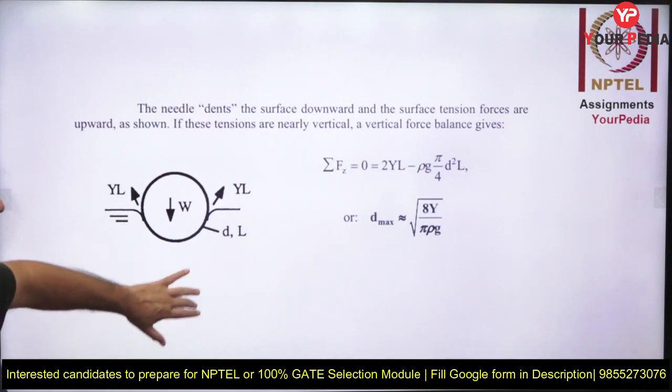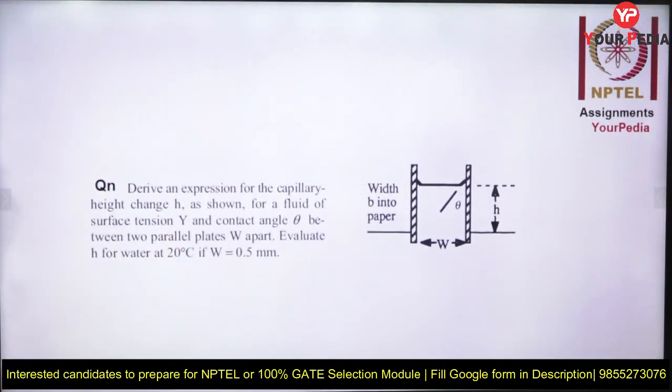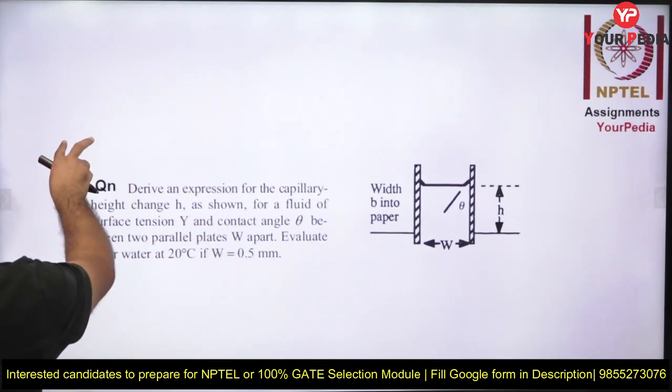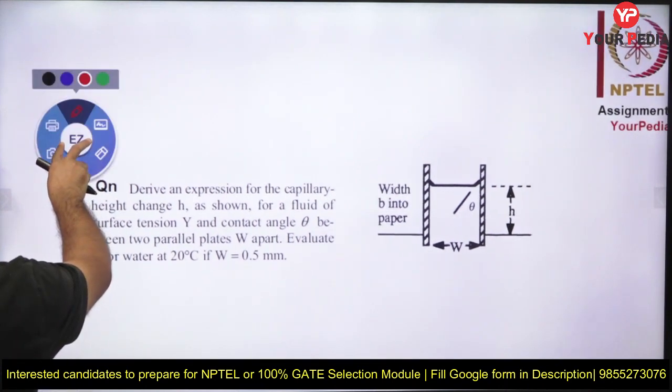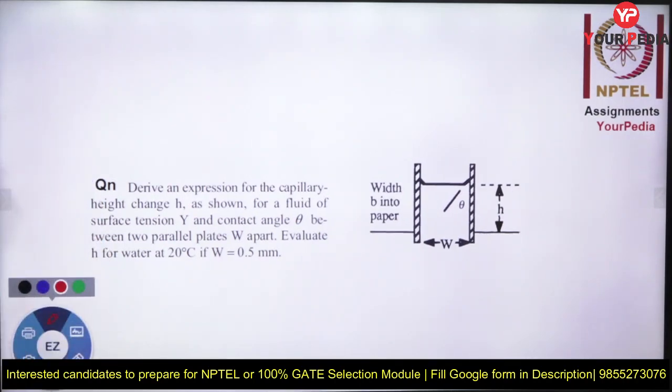Right. Let us go to the next question now. All of you have already done this expression of capillary height rise. Read this question. You have to find the expression for capillary height rise H. Surface tension is given, the angle of contact between two parallel plates which are W apart is also given, and you have to find the value of H, the capillary height rise.